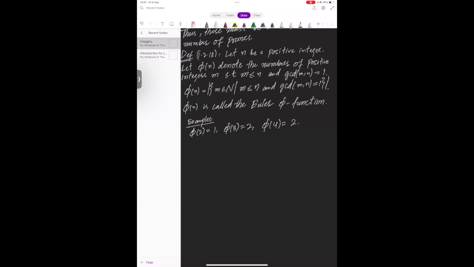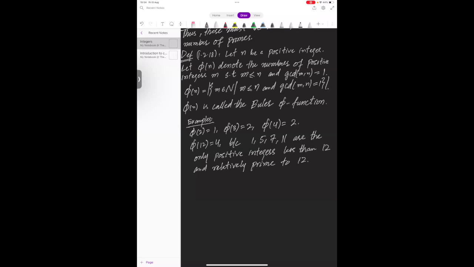And phi of 12 is 4, because 1, 5, 7, 11 are the only positive integers less than 12 and relatively prime to 12.